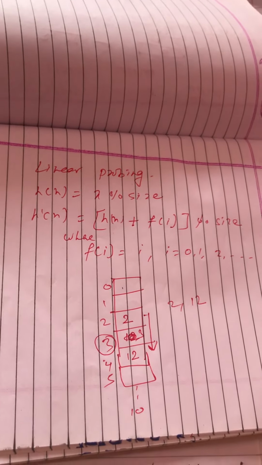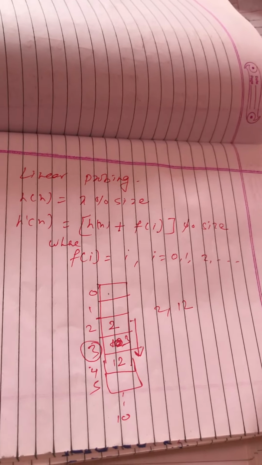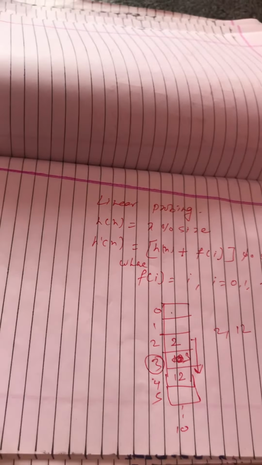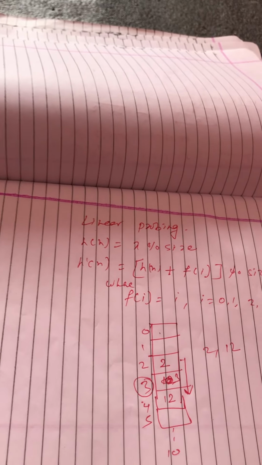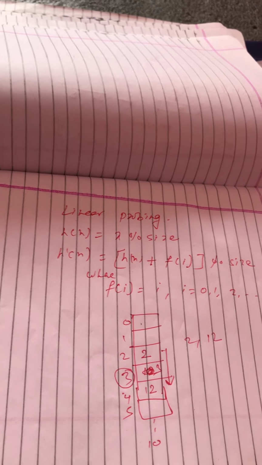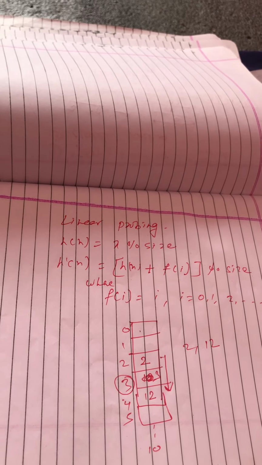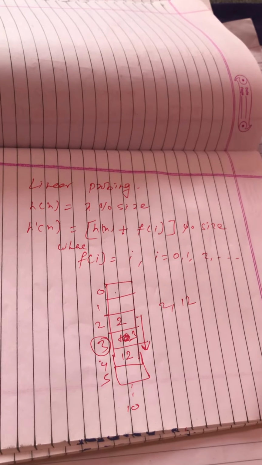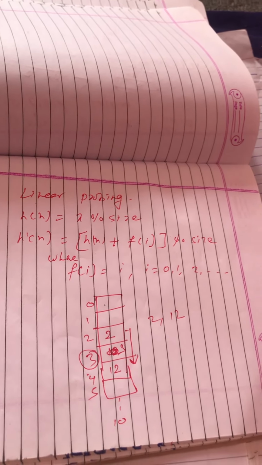But there is also a problem in linear probing. The problem is that it causes clustering of elements. That is, many elements will be stored in consecutive indexes, and other consecutive indexes will be free.